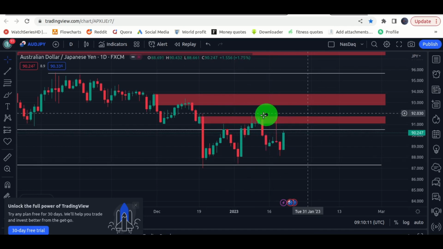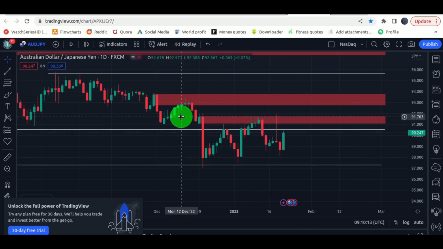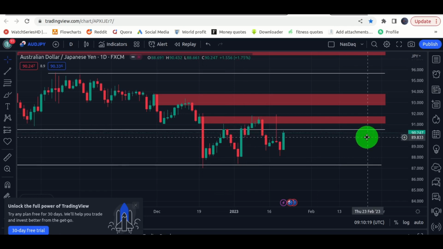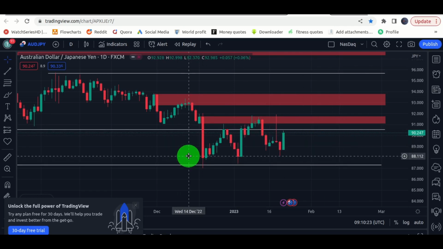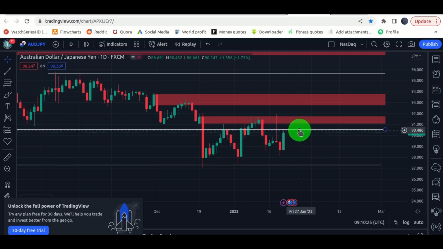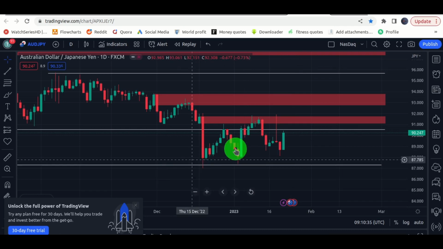You will see this order block and why I mentioned this area here. So for AUD JPY, I'm also looking for a sell. Maybe tap into this zone here and then look for my sells.